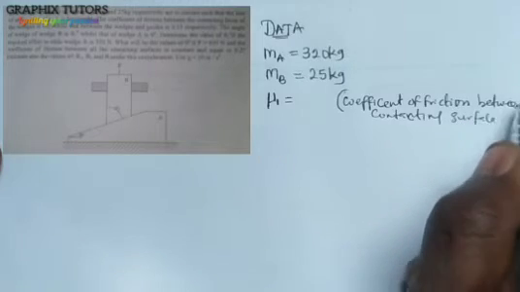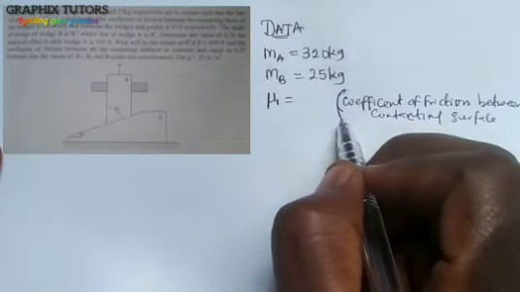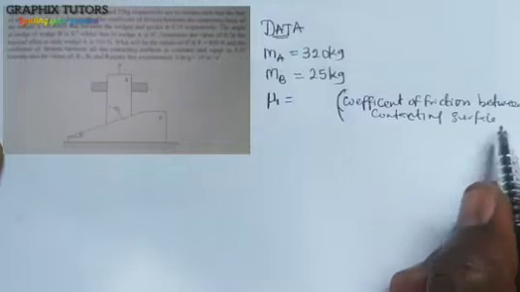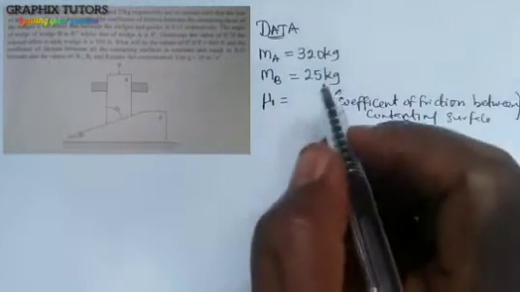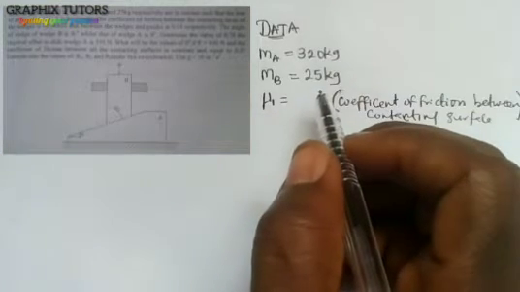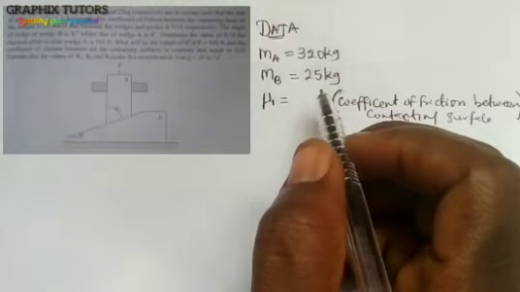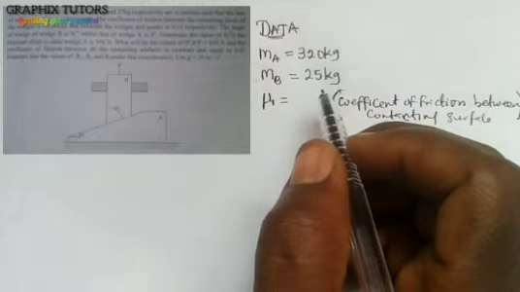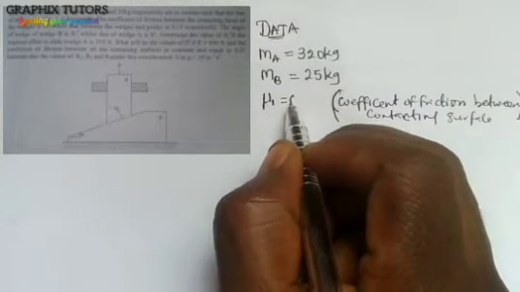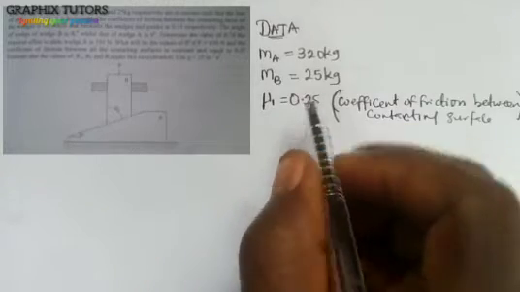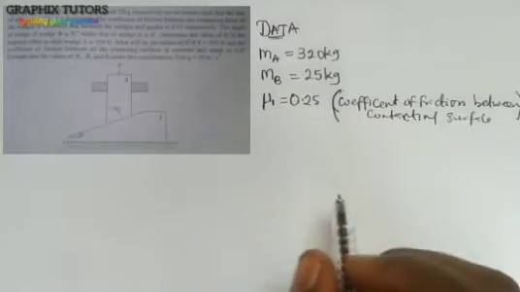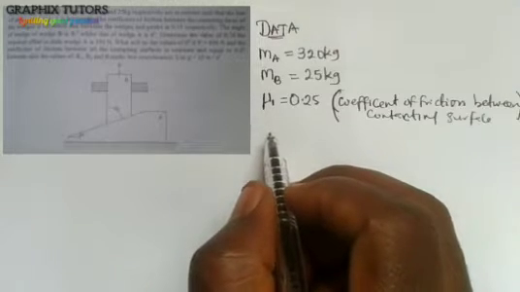So don't forget about that. This is what we have here, the coefficient of friction between the contacting surface is giving us 0.25. So we have mu1 to be 0.25. Don't forget this keyword.